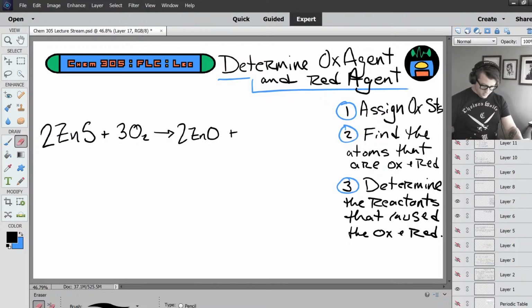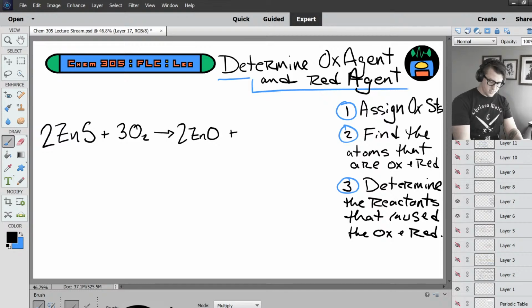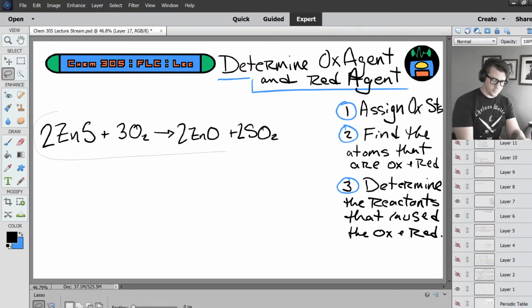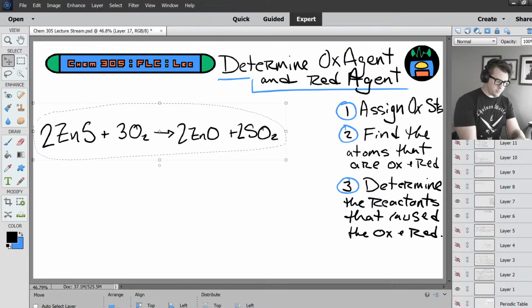All right, so zinc sulfide reacting with oxygen gas to produce zinc oxide and sulfur dioxide gas. All right, so give this a try. Take a crack at this problem.